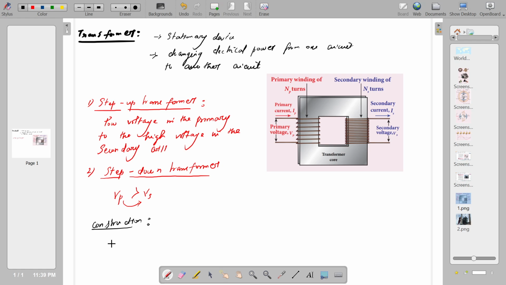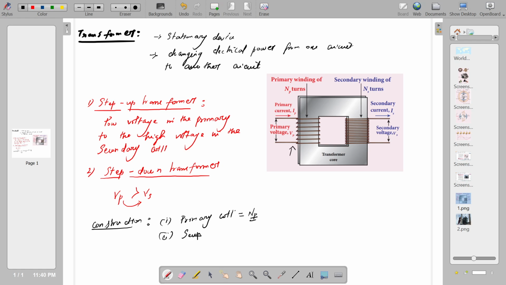If you look at the construction, the first one has the primary coil with N turns. You can call NP the number of turns in the primary coil. Look at this primary coil. It has N turns, so the number of turns in the primary coil is equal to NP.